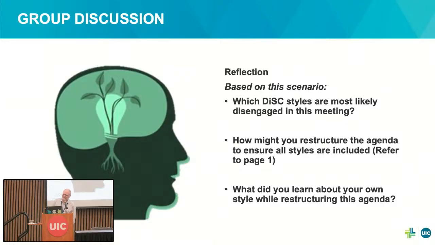All right, well, how would I restructure the agenda to ensure all styles are included? Similar to the other group, I said provide an intro or orientation with the decisions that need to be made during the meeting. And then I think expand the metrics to discussion to examine successes and learnings. What are the lagging or leading indicators based on the metrics?